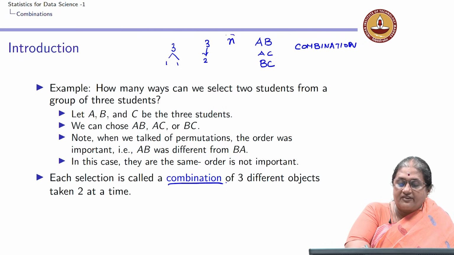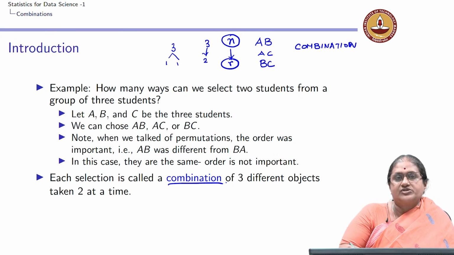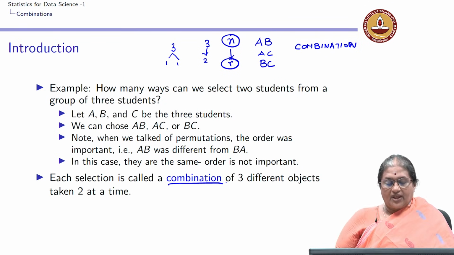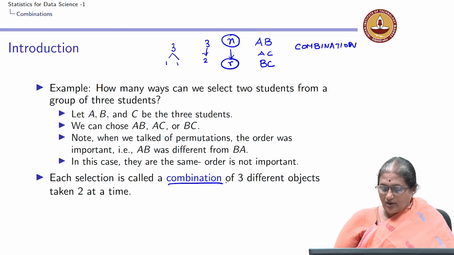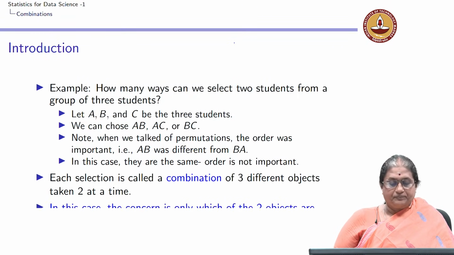In general, if I have n objects and I want to select r objects, I say I am choosing r from n, or selecting r objects from n objects, or choosing r objects from n objects at a time.